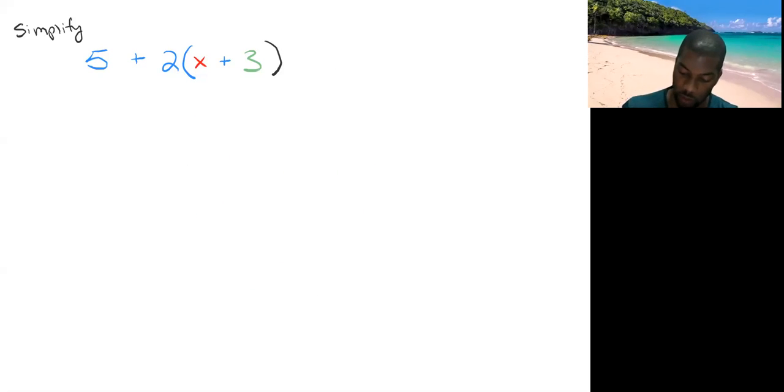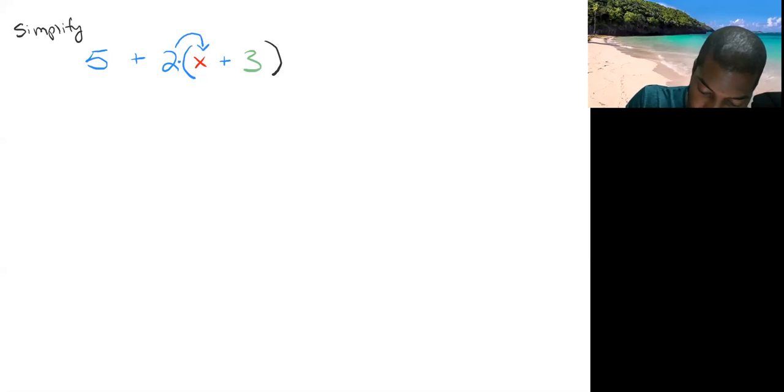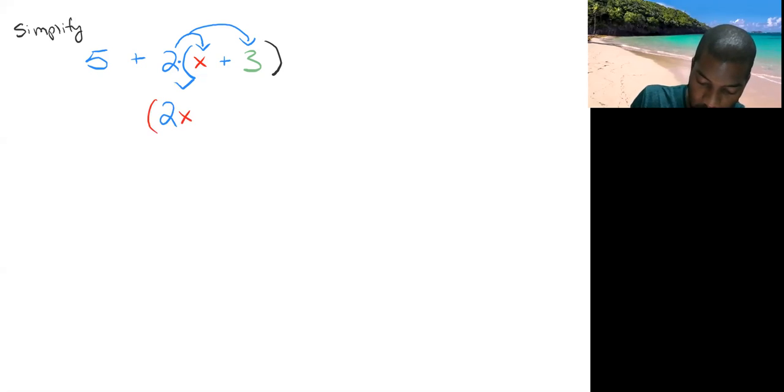I'm going to use the distributive property because I see right away that this 2 can be multiplied to this x and to this 3. So I'm going to get 2 times x using the distributive property. I'm going to get my plus sign, and then I'm going to get 2 times 3.